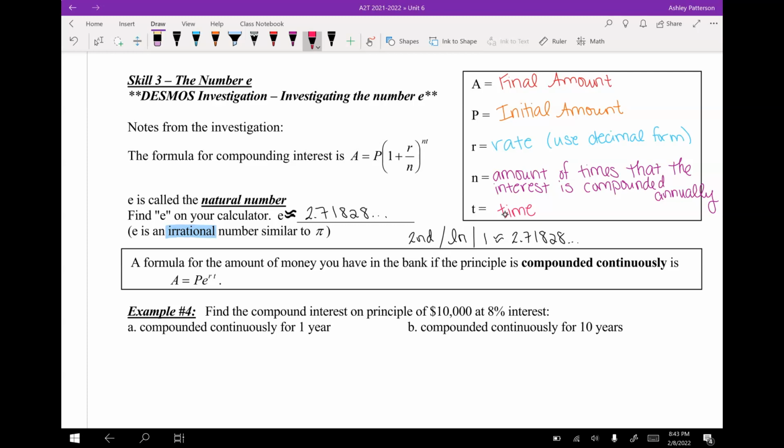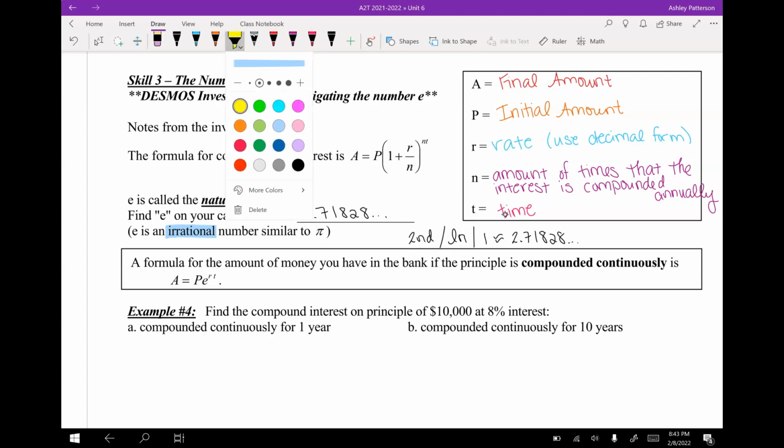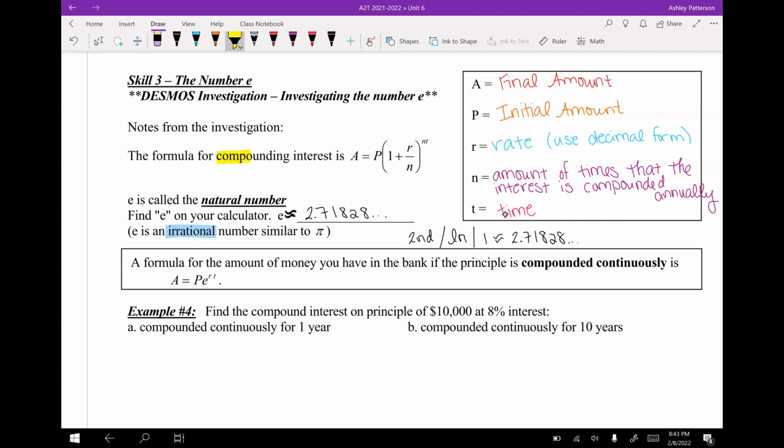Well, there's a couple of things I'd like to point out. And that is that this is for compounding interest. However, a formula for the amount of money you have in the bank, if the principal amount is compounded continuously, is the following equation: A equals P times E to the RT. E, friendly reminder, is our irrational number.